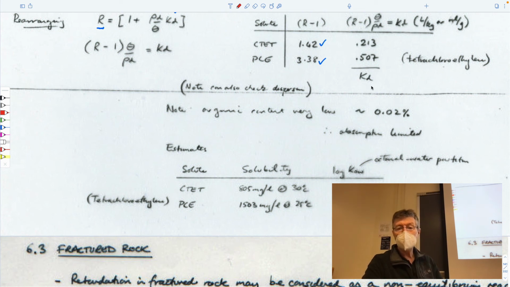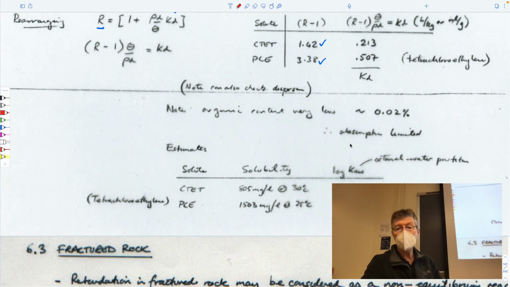From looking at different solvents, how they partition into organic carbon, we should be able to find the values of KD from a reference textbook in chemical engineering, from standard tables. So we won't do that today, but this is just to compare those numbers with the values that we got today.